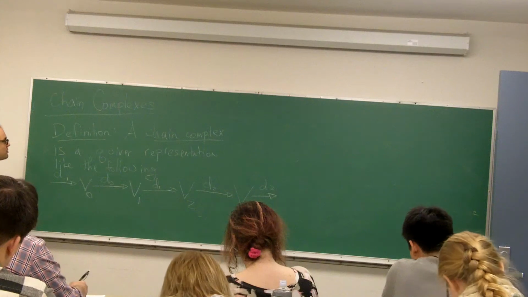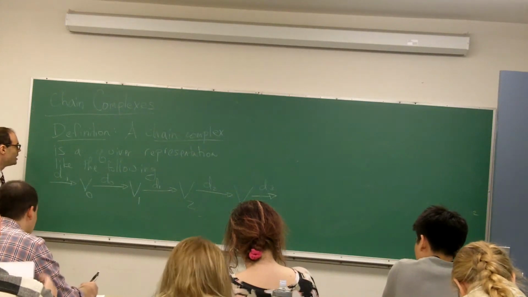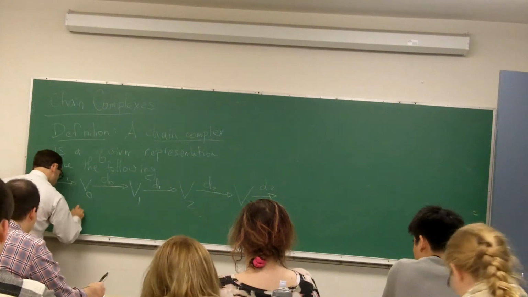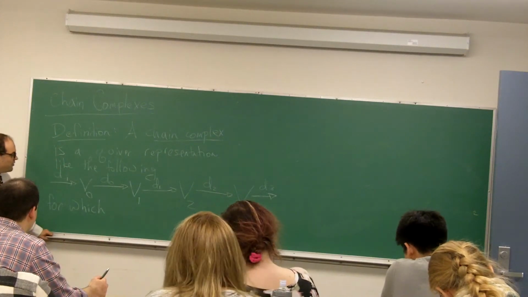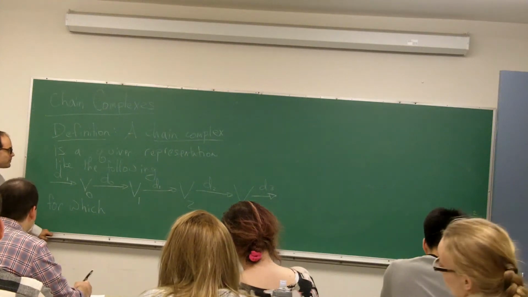It's a quiver representation, much like we were looking at barcodes for. But there are some additional constraints, for which the bars fit together, or the bases fit together, in a very specific way.